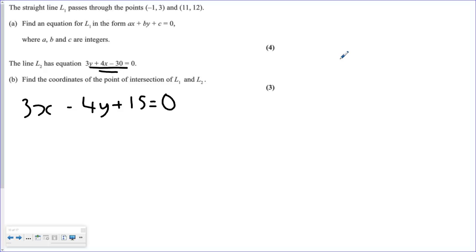So I'm just going to write out L2 underneath here: 4x plus 3y minus 30 equals 0. I've not changed L2 too dramatically. All I've done is swap the 4x and 3y over, keeping their same sign, so still both positive, and line it up with the x's so it looks a bit clearer for you.